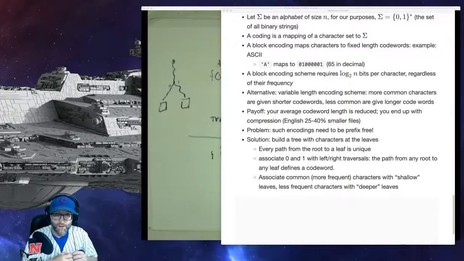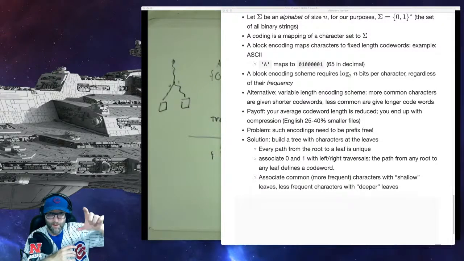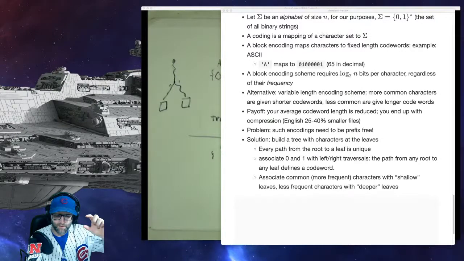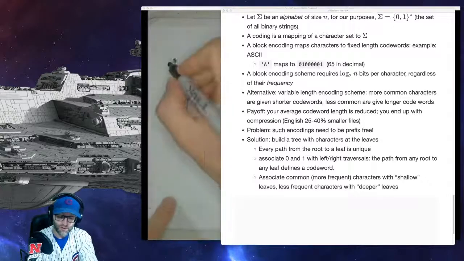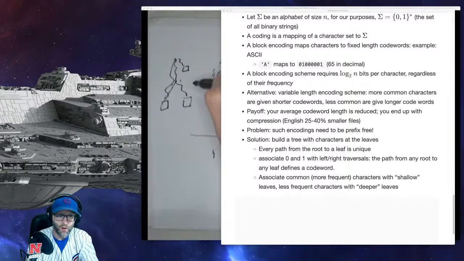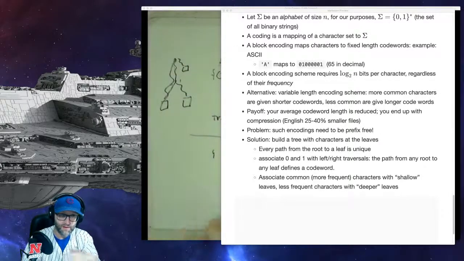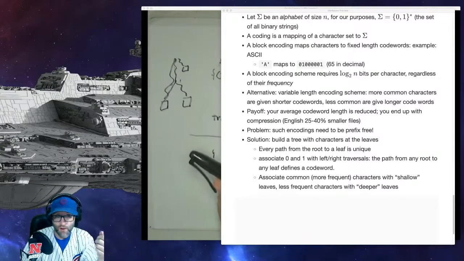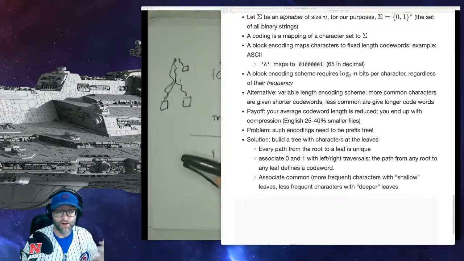What this does is ensure that because the code word is defined by the path from the root down to the leaf, if it's shallower in the tree, that'll be a shorter code word. If it's deeper in this tree, it'll be a longer code word. And so we're achieving our goal of minimizing the average code word length. We're not going to get into the mathematics of it, but you can show that this is optimal. According to Shannon's entropy theorem, it achieves the lower bound defined by Shannon.